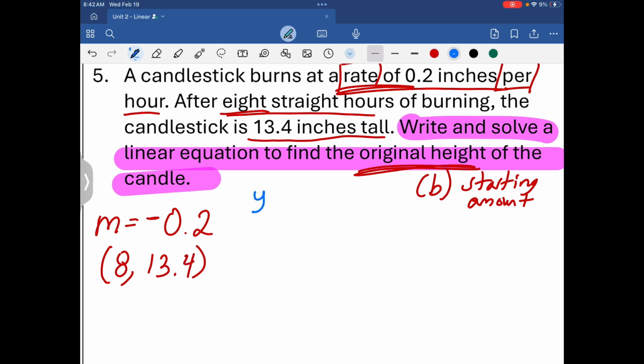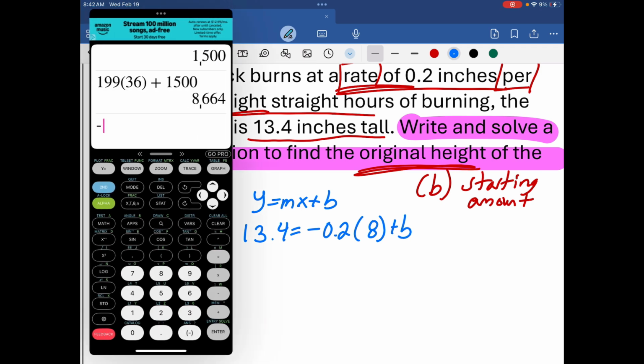Let's do our y equals mx plus b now. Our y is 13.4 equals our m is negative 0.2. Our x is 8. And we are looking for b currently. So if I take negative 0.2 times 8, oopsie, we get negative 1.6 plus b.